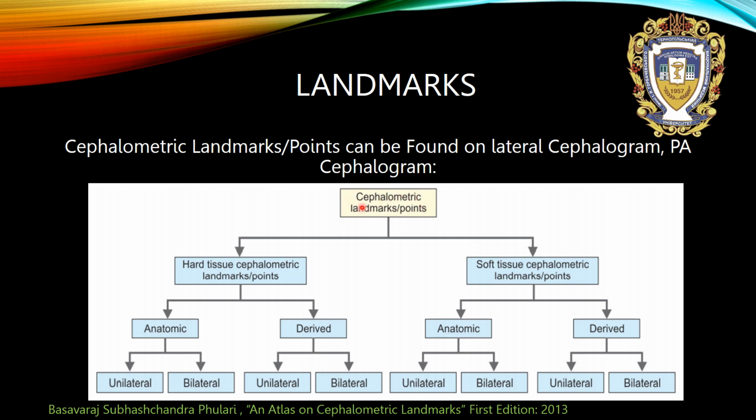All cephalometric landmarks and points are divided into hard tissue and soft tissue, and every group is divided into anatomic or derived, and every one of these subgroups is divided into unilateral and bilateral.